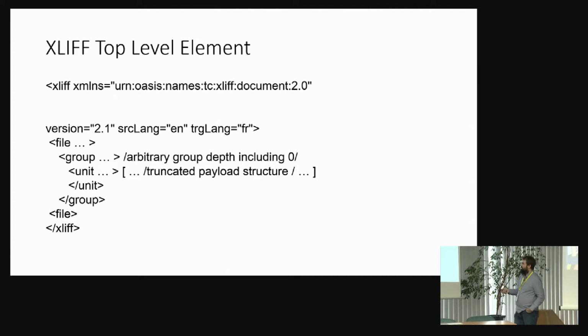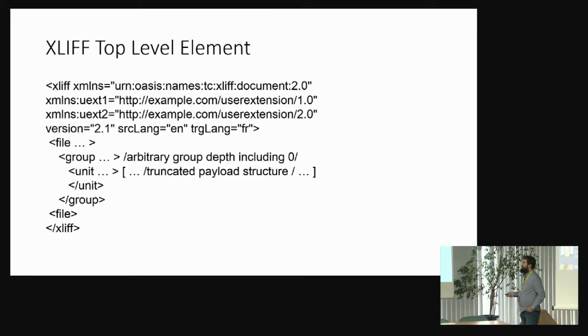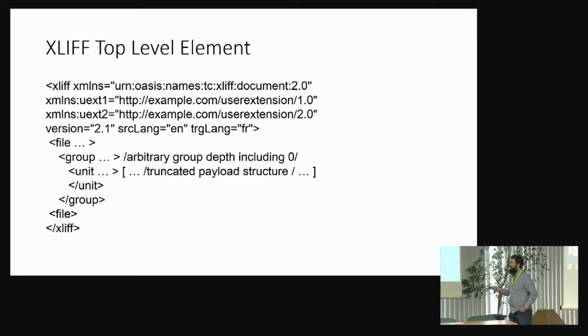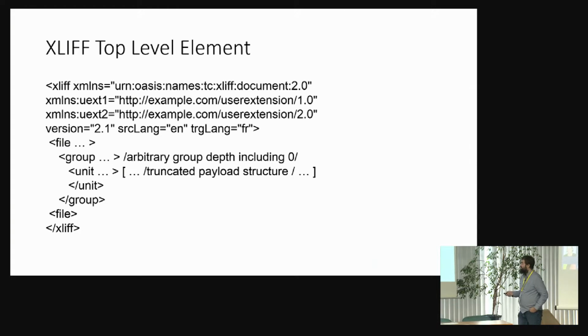I truncated the payload. This is just to show you how the XLIFF top level looks. If you want extensions or modules, you obviously need to declare other namespaces. We have hypothetically two extensions in this file, so we would declare these two extension namespaces.